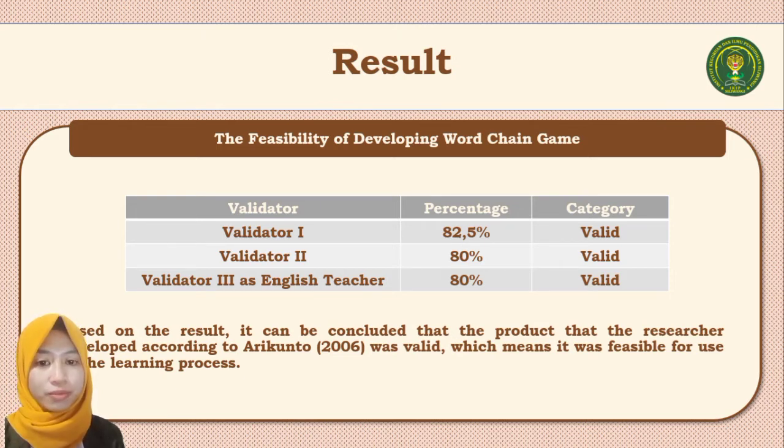And from the third validator, an English teacher, obtained 80% data, which category is valid. Based on the results, it can be concluded that the product the researcher developed, according to Arikunto 2006, was valid, which means it was feasible for use in the learning process.